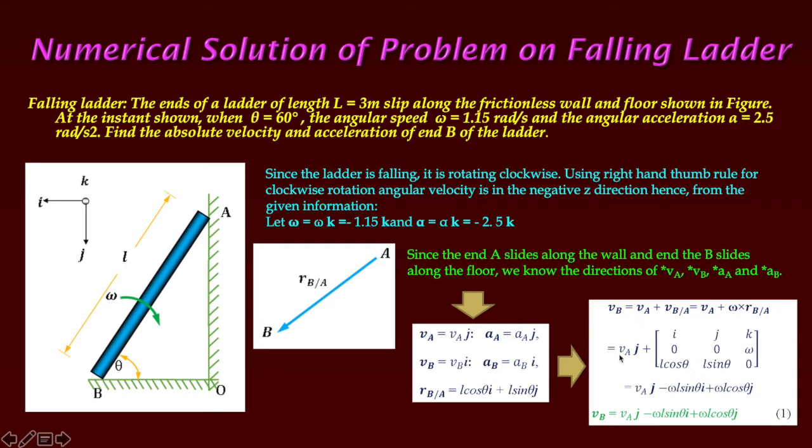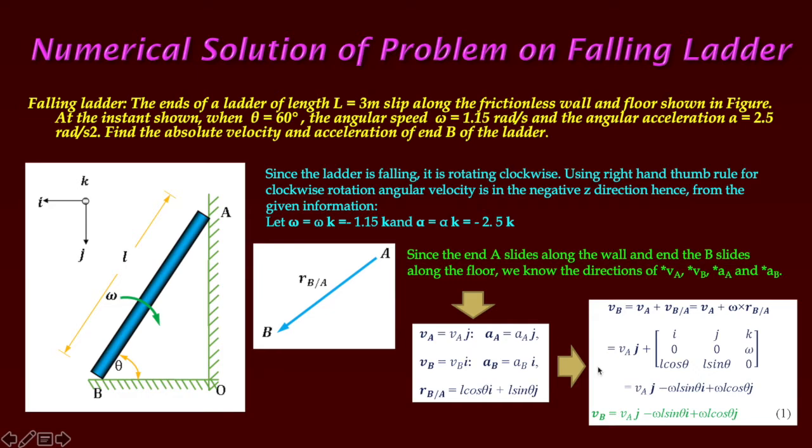Now VA equals VA j, that we have written here, and omega equals 0 0 omega, no i component and j component, only the k component is there.